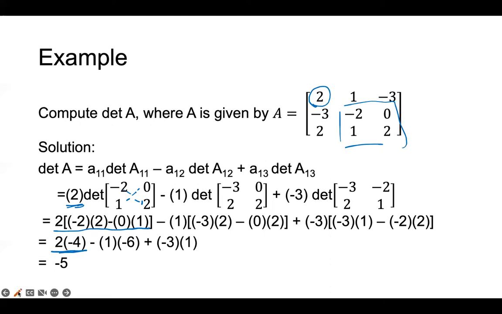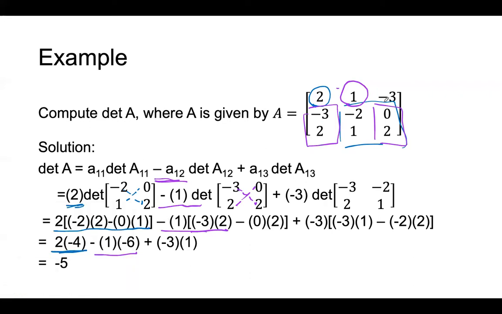Let's color code that. For the next one, we remove 1 out front, and there's a pattern: a -1 comes out. So -1 times the determinant of the submatrix -3, 0, 2, 2. Then we cross multiply: -3 times 2, subtract 0 times 2. That's -6 times -1, which is +6.